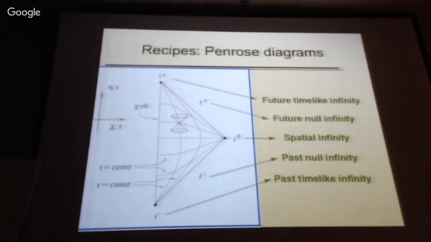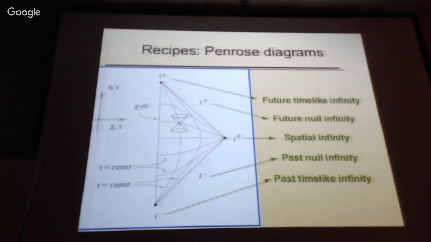Then we have the future null infinity. Remember, light always travels at 45 degrees. So if I am here where this light cone is, and I emit light, it will travel at 45 degrees, and at infinity it will touch what is called scri plus. That's the name of that letter.